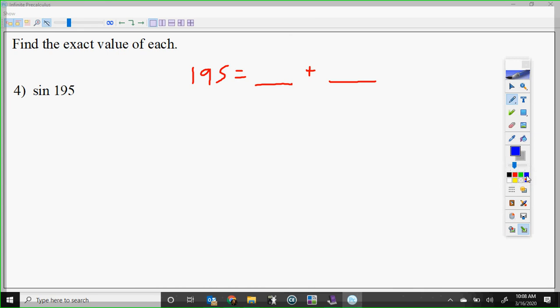So let's start off with 30, our first angle. 30 plus what is 195? Well, if I subtract 30 from 195, I get 165. Well, 165, not on my unit circle, so that didn't work. Alright, let's try a different one. How about the next one on my unit circle? 45.